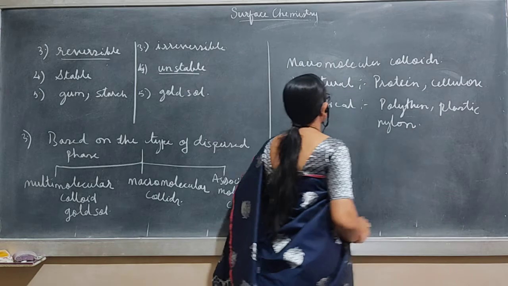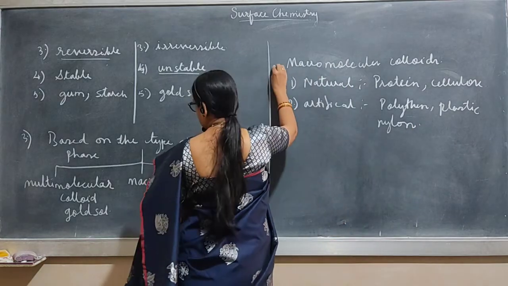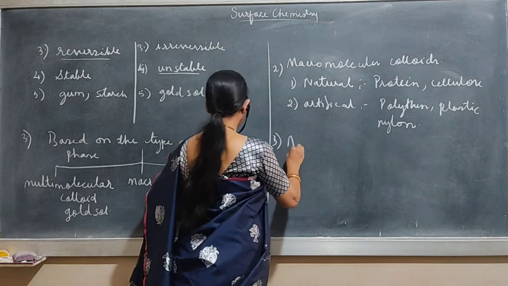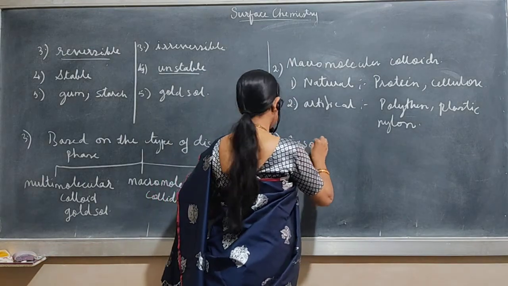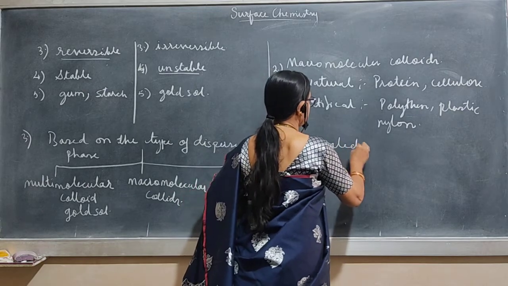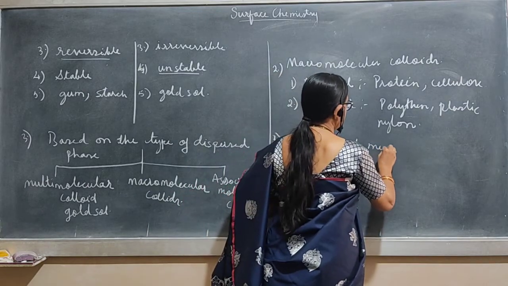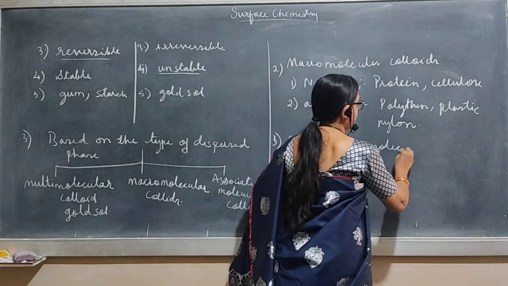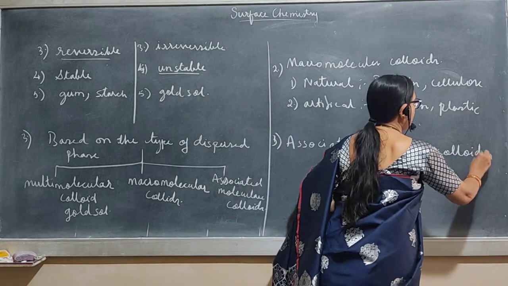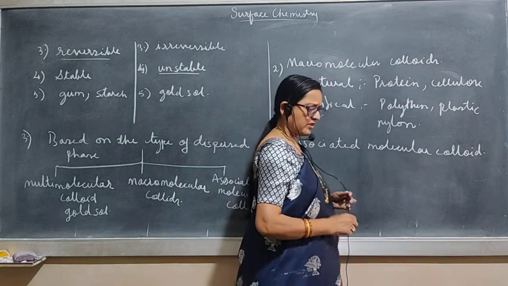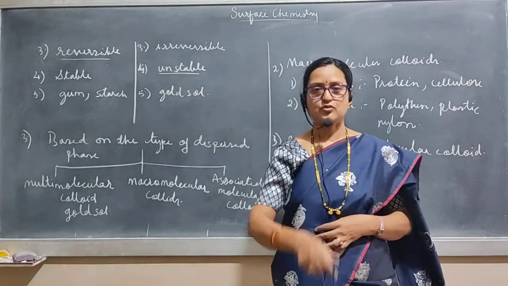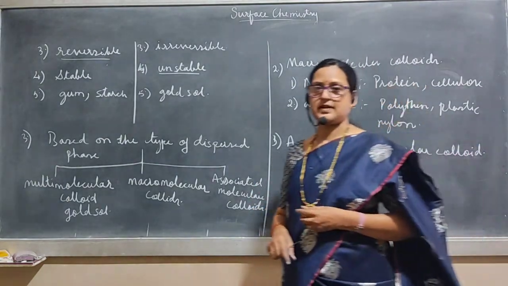Next one is associated molecules colloid. Later we are going to study in detail about this. What happens here is there are many small molecules which spontaneously aggregate to form a colloidal size particle.